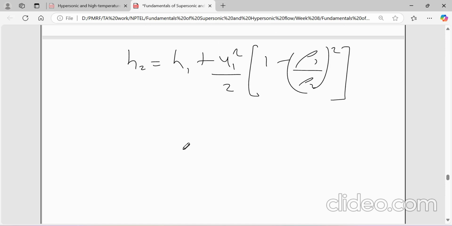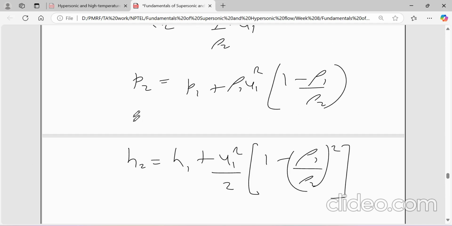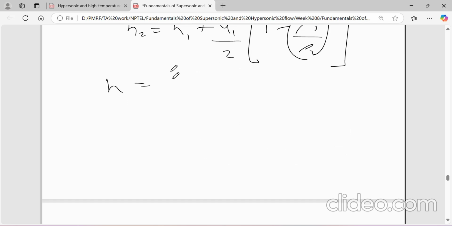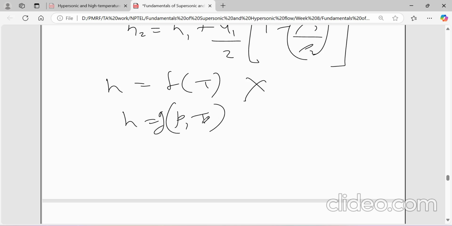And one thing to notice is that this H is not a function of temperature only, it is a function of temperature and pressure, two thermodynamic properties.